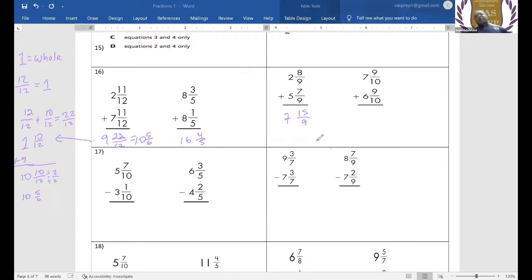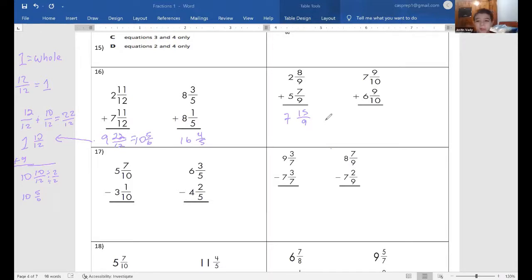So, Justin, what kind of fraction is this? 15 over 9. You're muted. What did you say? Couldn't hear you. What kind of fraction is this? 15 over 9.